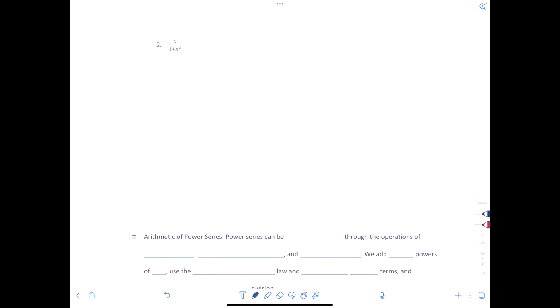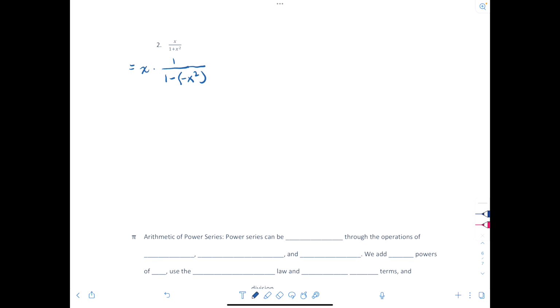Now, next up, x over 1 plus x squared. So this one is going to be a little bit tricky, right? Remember that we could rewrite this as x times 1 over 1 minus negative x squared. So the negative part isn't being squared, just the x is.